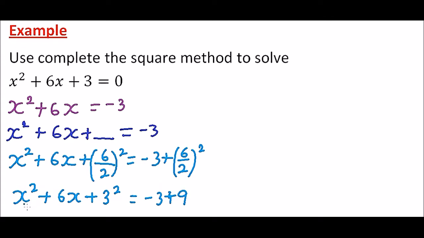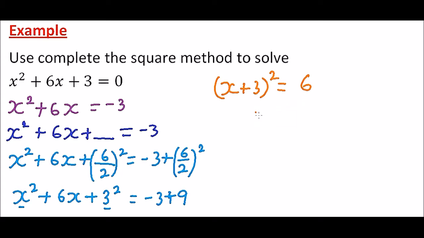So when you now factorize this, you'll be able to get 1x and 1 3. So you have our x plus 3 in brackets squared is equal to, now this is minus 3 plus 9, so we get 6.